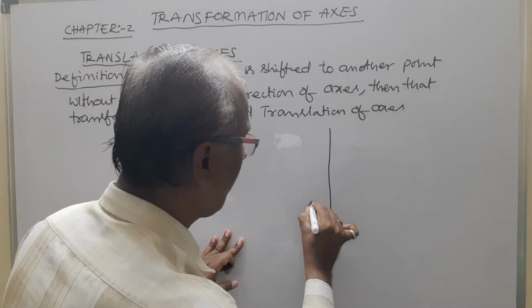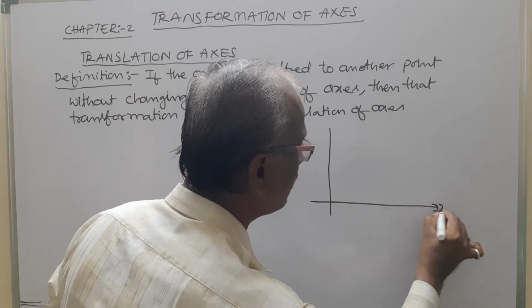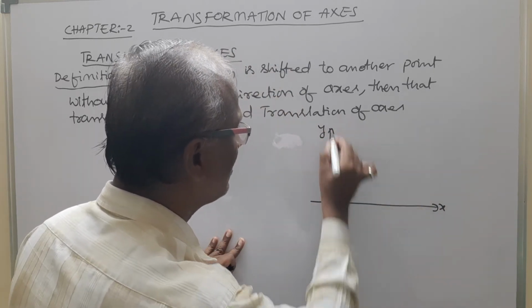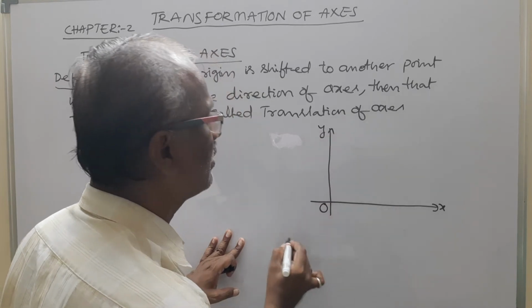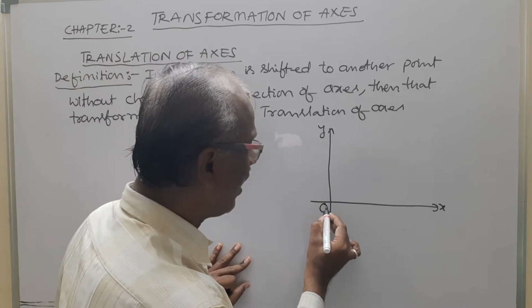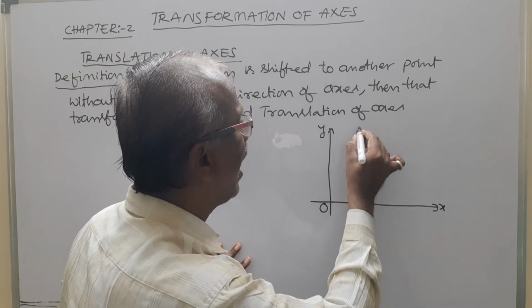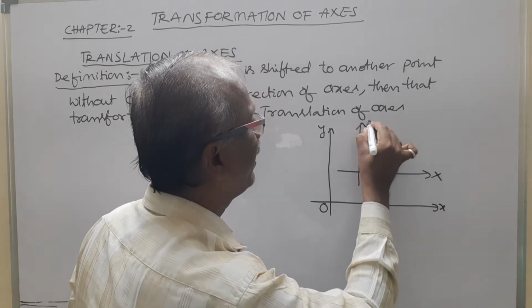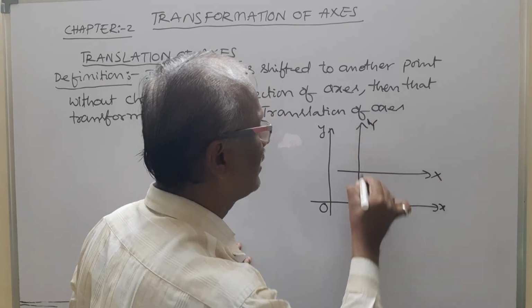Observe that this is the original coordinate system. This x-axis and y-axis intersect at the origin. In translation of axis, the origin is shifted to another point, let it be (h, k), without changing the direction of the axis. Here this is the original system of axes.